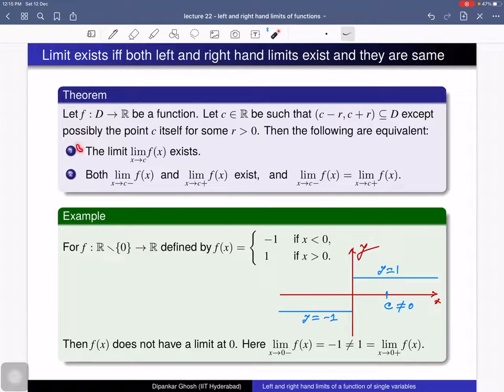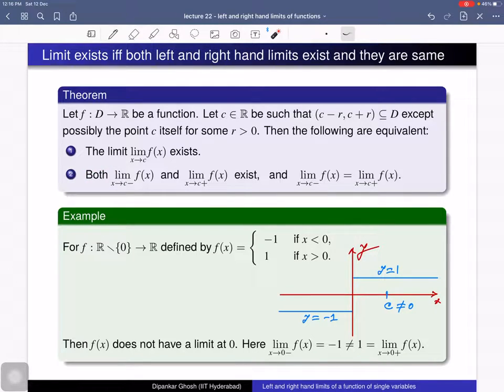The first condition says that the limit of f of x at x equal to C exists, and the second one says that both left hand limit and right hand limit exist and they are the same.